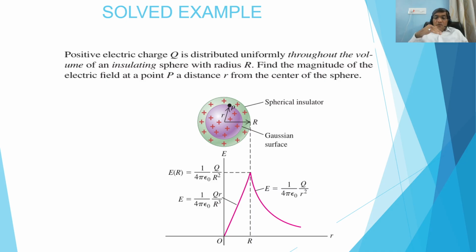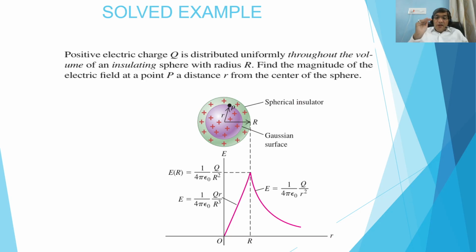As we move up to capital R, the radius of the insulating surface, the electric field is directly proportional to the distance, or the radius of the Gaussian surface. In the case of a conductor it is zero, but here we have a uniform volume charge density, so the electric field is not zero inside because it is a spherical insulator.